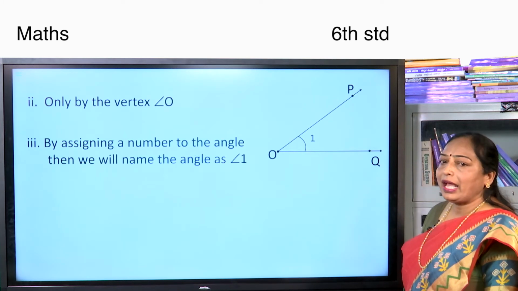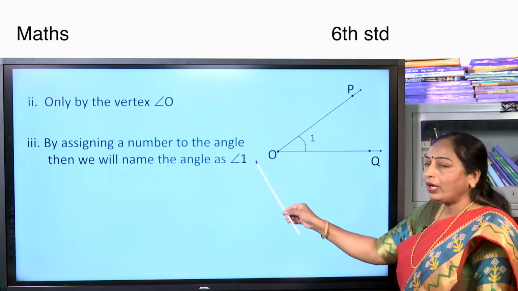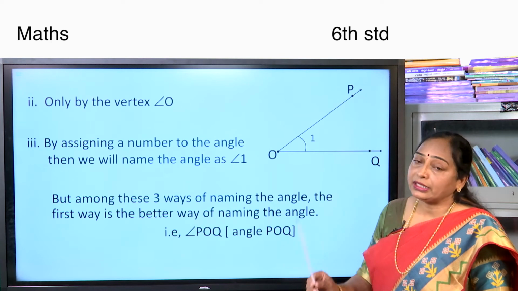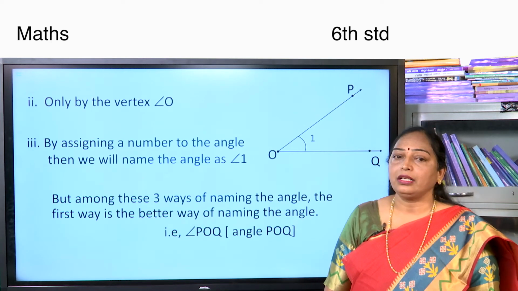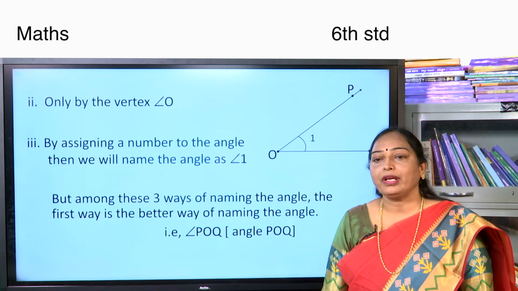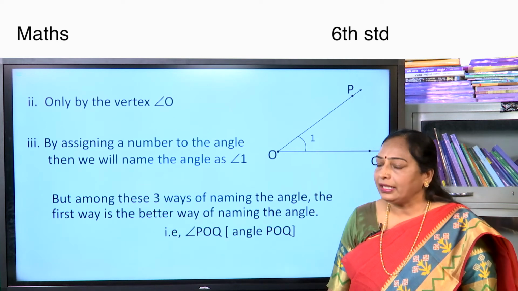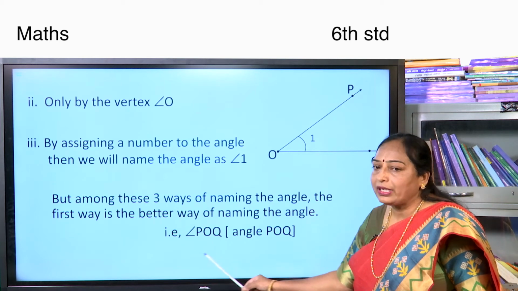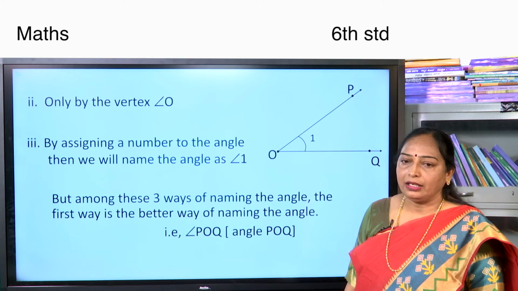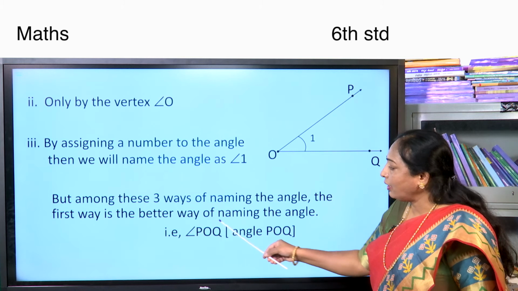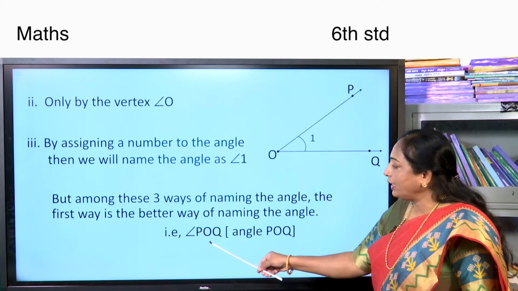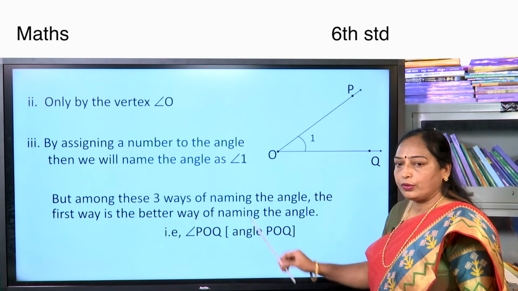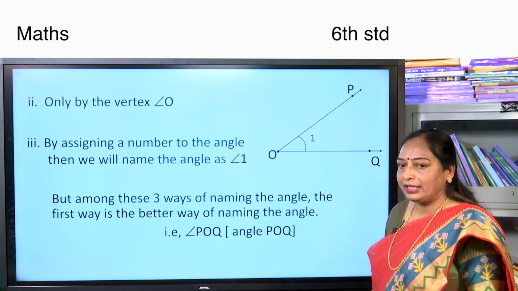Then we name the angle as angle 1. Among these three ways of naming the angle, the first way is the better way, that is angle POQ. The vertex is in between the two points. O is in between P and Q.